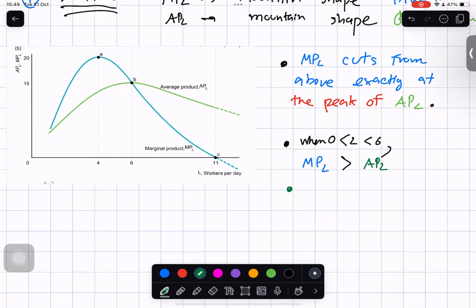And second, exactly at 6 workers, the height of the two mountains is the same. If we read the value here, 15.